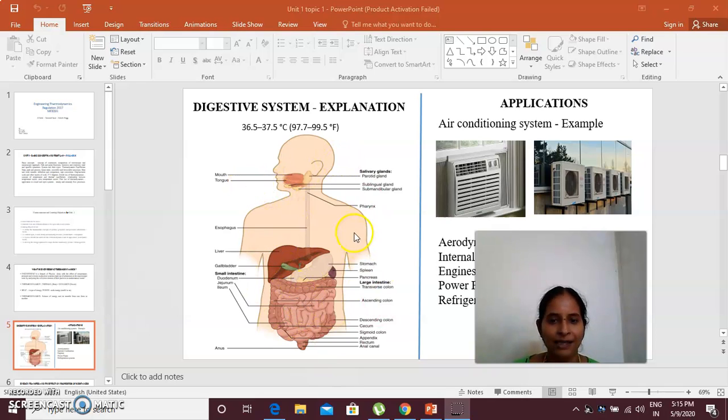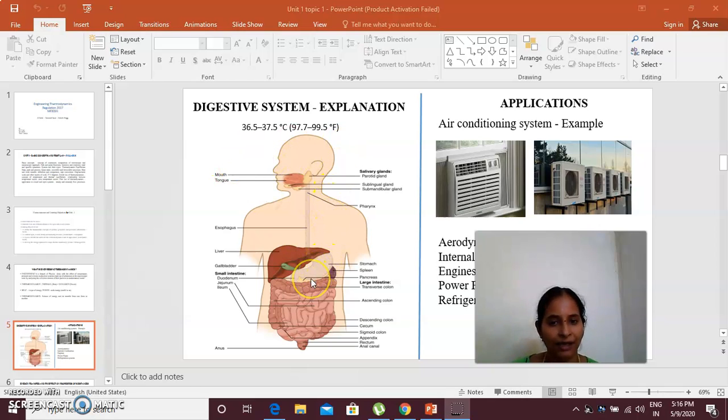The same process is carried out in all the engineering thermodynamics applications. So you know the importance of this particular temperature; this range should be continuously maintained by our body. If it is reduced or above the limit, you know the various effects and impacts. So maintenance of temperature in this particular range is also very important.